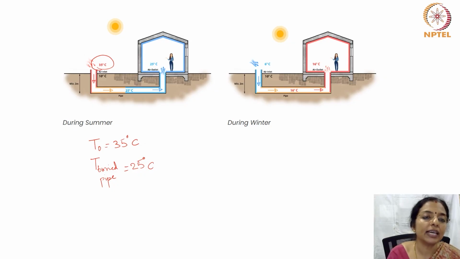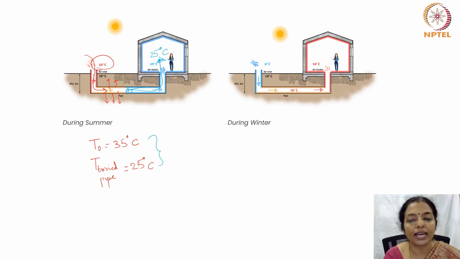The warm air passes through the tube, and in that process radiates its heat to the soil outside, and this air becomes cool and enters the room at 25 degrees centigrade. So you can clearly see that we are able to reduce the temperature of the air which enters a room by 10 degrees centigrade.